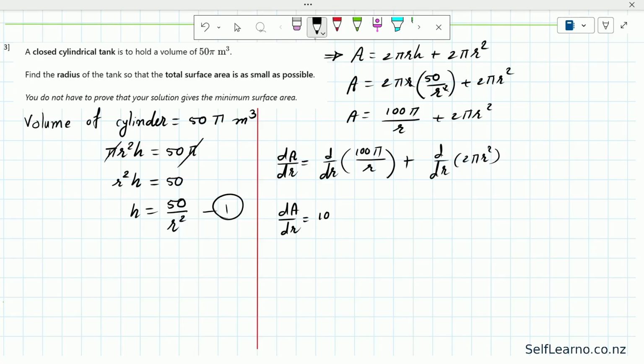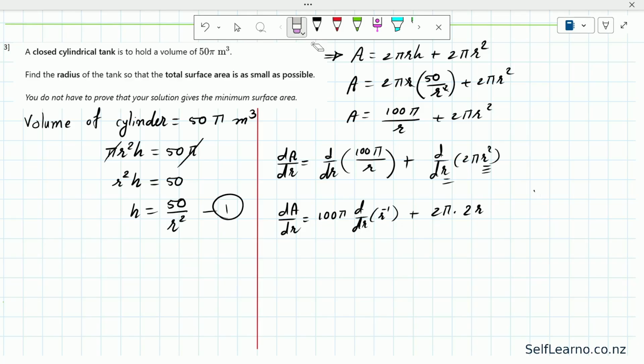100 pi will come out. d by dr of r raised to minus 1. This 2 pi is constant. Differentiation of r square is 2r. And of the r with respect to r, everything is fine. So it is not the case of implicit differentiation.